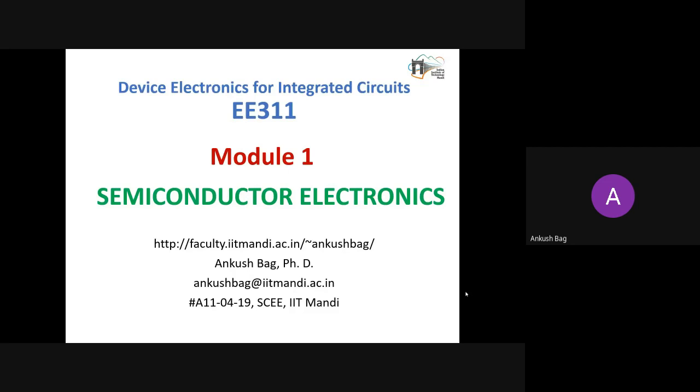Again, I believe from your class 12 knowledge, and from other courses like IC 161, you have some understanding. Obviously, we'll look into the details of semiconductor as a material.